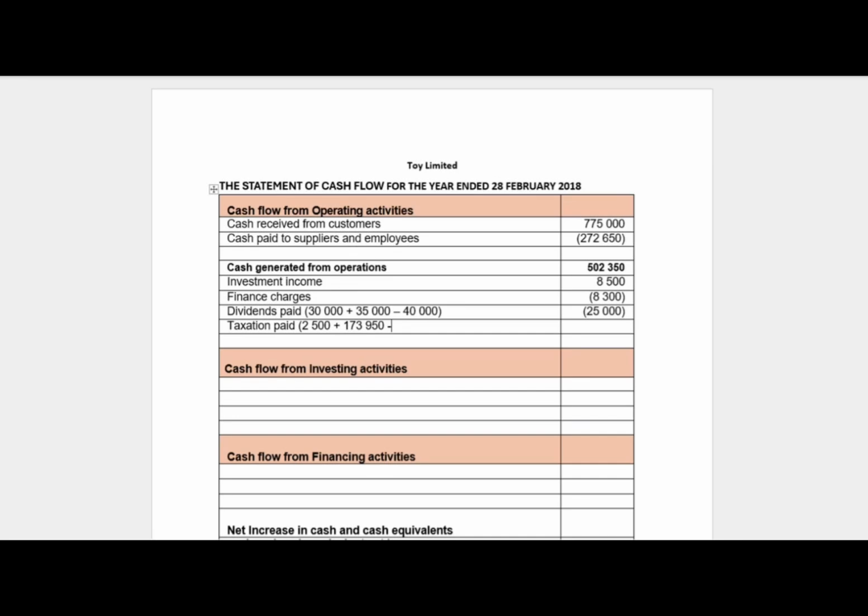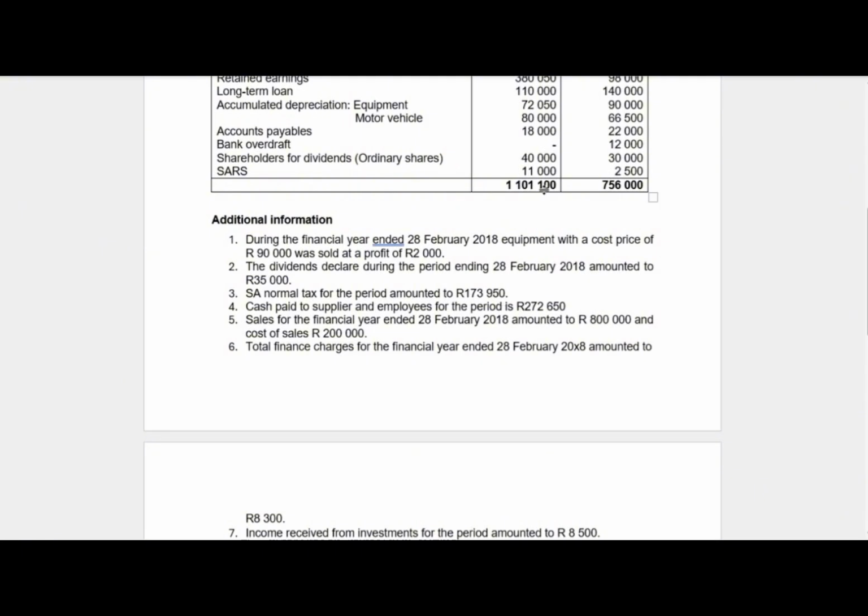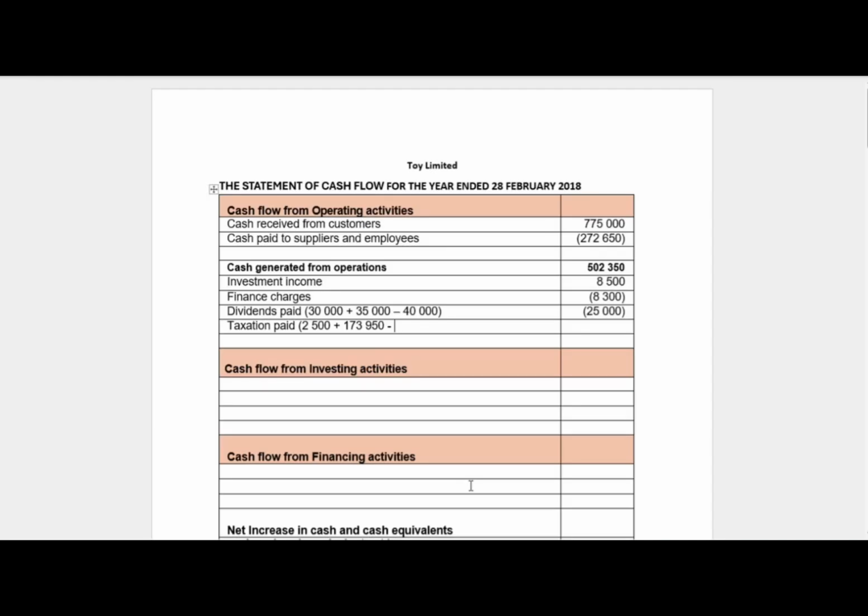You're going to subtract SARS at the end. So your SARS at the end is 11,000. You subtract that 11,000, right? Then you put brackets, you do your calculations. Then you will get your taxation paid.